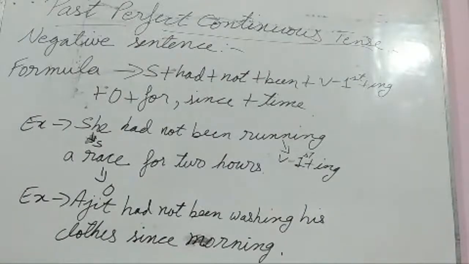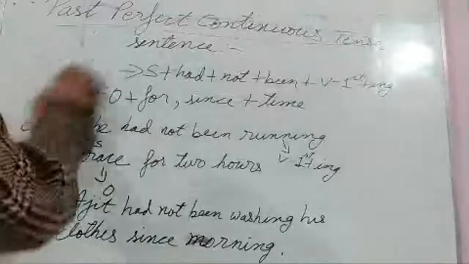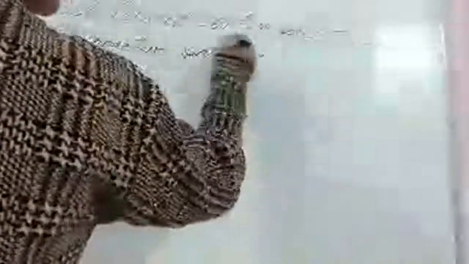Now let's see the interrogative sentence in past perfect continuous tense. Let's see the formula for it.